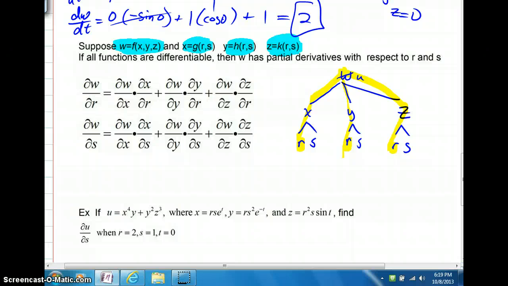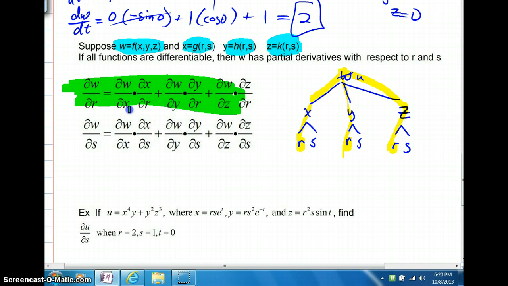In this first rule of taking a chain rule, we might choose to take a derivative with respect to r. I've highlighted the tree to help guide us through that.